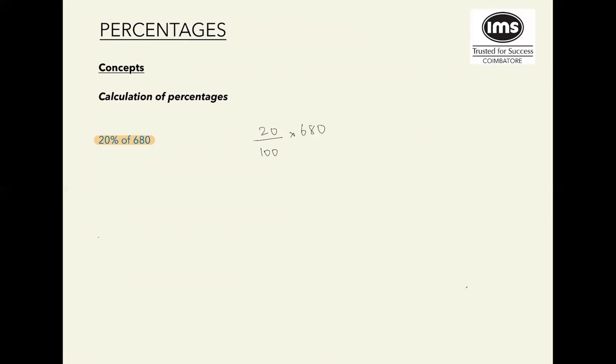As you know, if 680 is equivalent to 100, you're saying what will be 20 of it. 20 by 100 into 680, we can write it as 0.2 into 680, which is actually 136. Or if you want to simplify, you can also write it as a fraction of 1/5 of 680, which is also 136.